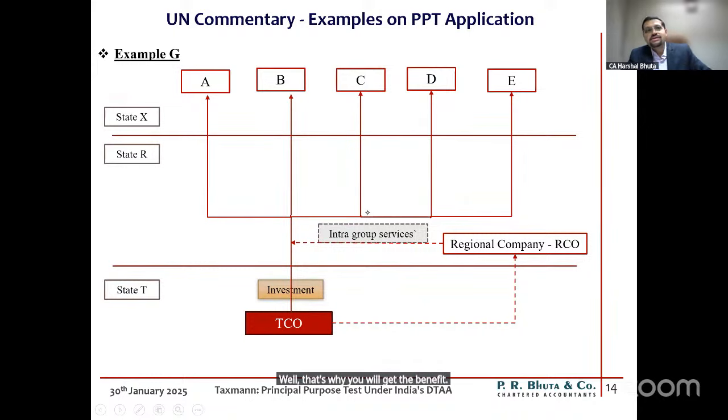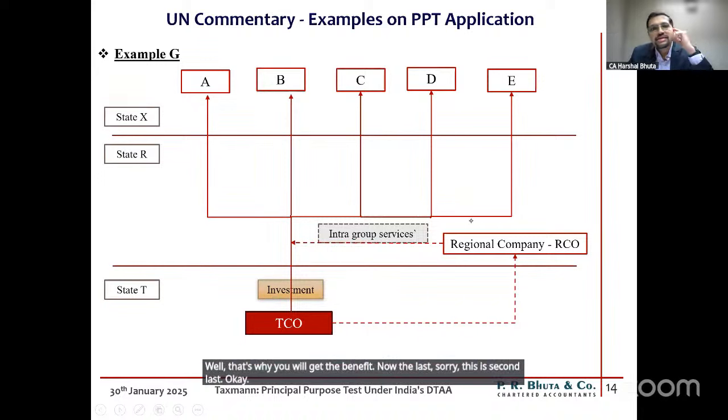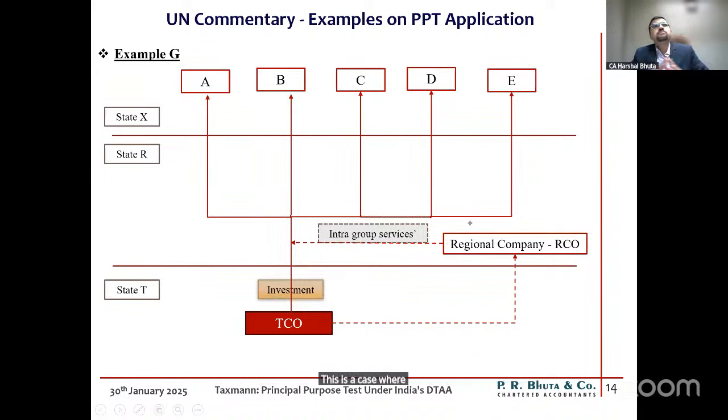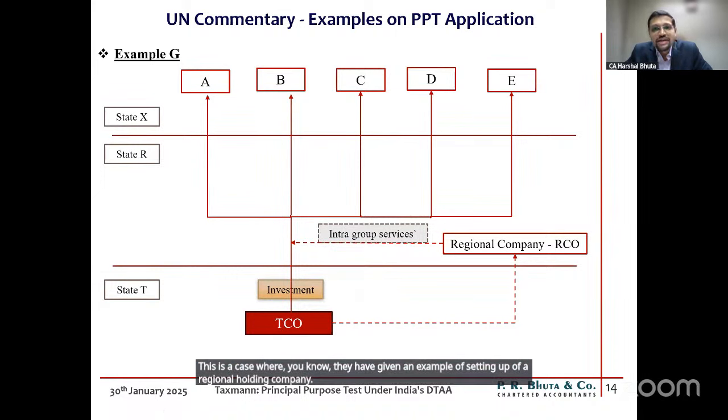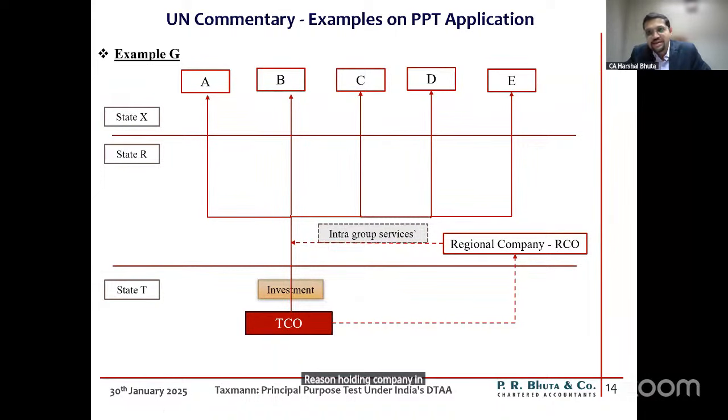Now the last part, this is the second last. This is a case where they have given an example of setting up a regional holding company in state R. Why?